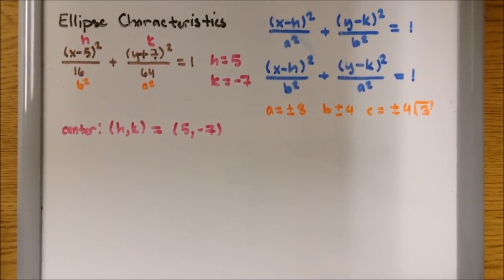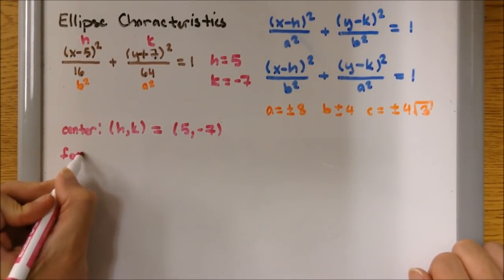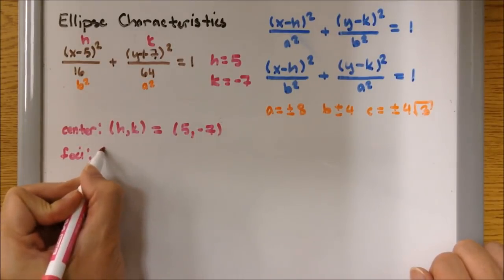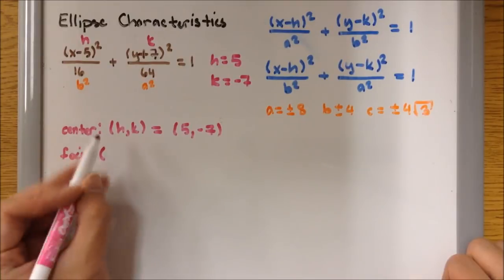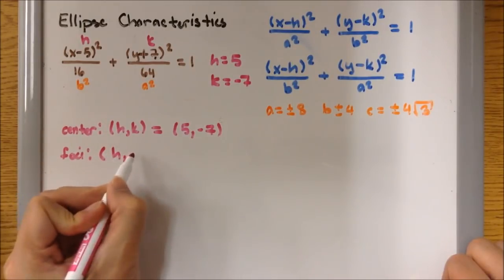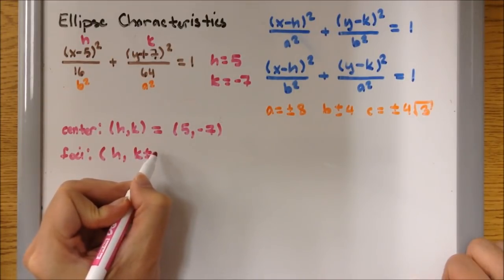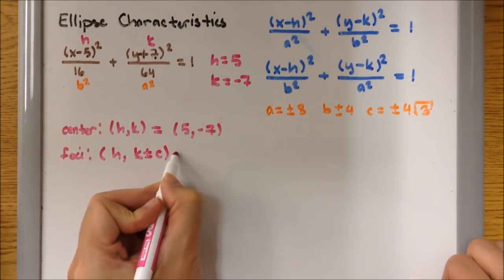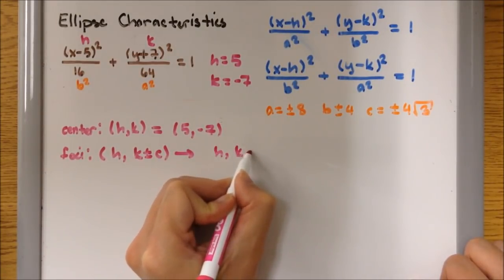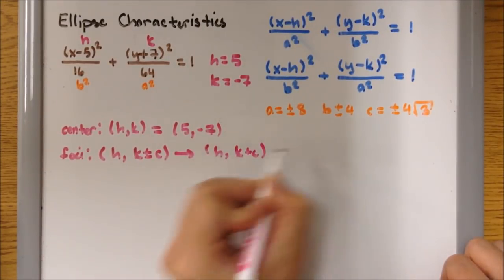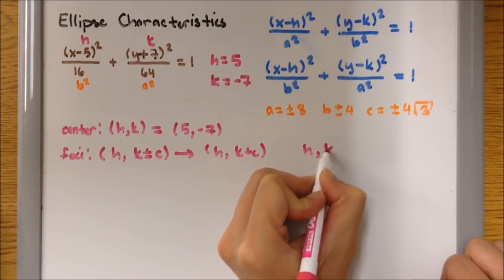Next, we're going to do foci. Now the formula for foci is different from the last example. It's going to be h, comma, k plus and minus c. So we're going to have 2 points, h, comma, k plus c, and then h, comma, k minus c.